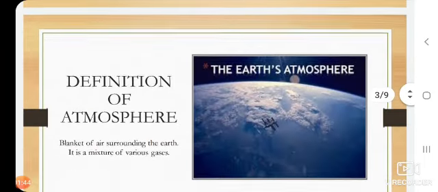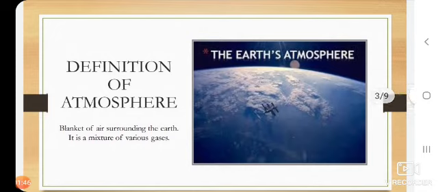What is atmosphere? Can you see the atmosphere, children? No, we cannot, but we can feel it. The definition of the atmosphere is a blanket of air surrounding the earth, and it is a mixture of various gases.